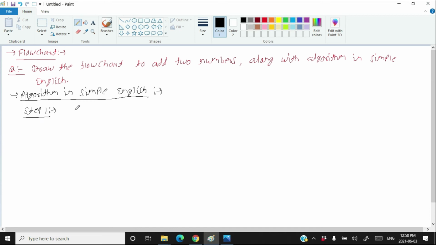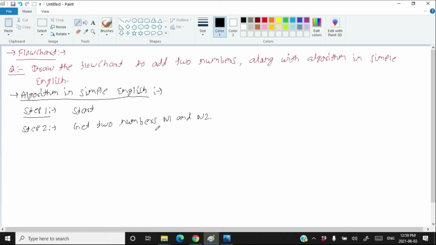What to do in step 1? You have to start. What to do in step 2? Get two numbers n1 and n2. So n1 and n2 here are the variables. Here you are asking the user of the algorithm to enter two numbers of his choice.